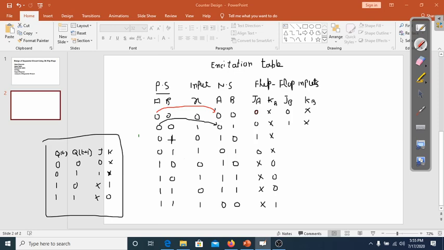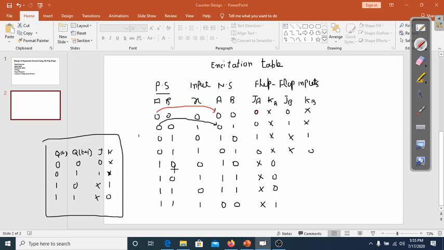When B is 1, present state is 1, next state is 0, so the K must be 1 and J could be a 0 or 1, so I will use a don't care here. When present state is 1, next state is 1, in this case K must be 0, J could be a 0 or 1, so I will use don't care.